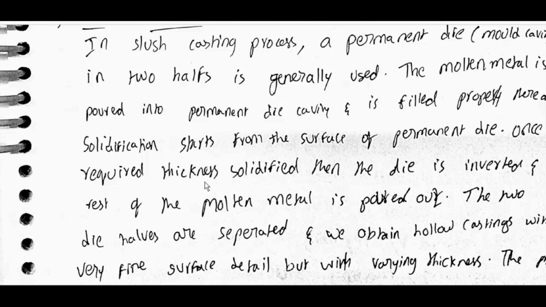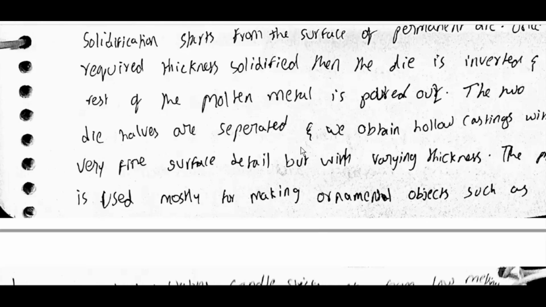Once the required thickness has solidified, the die is inverted and the rest of the molten metal is poured out. The two die halves are separated and we obtain hollow castings with very fine surface detail but with varying thickness.